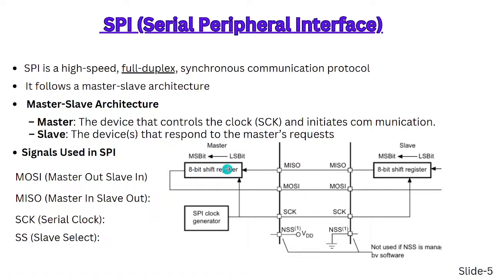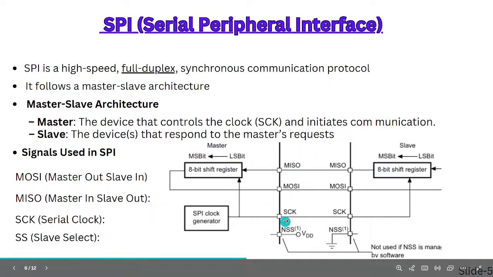This is an 8-bit register, and another 8-bit register. First the MSB bit is transferred from master to slave device through the MOSI pin, and data is transferred from slave to master device through the MISO pin. The serial clock is connected to both 8-bit registers of the master and slave device.